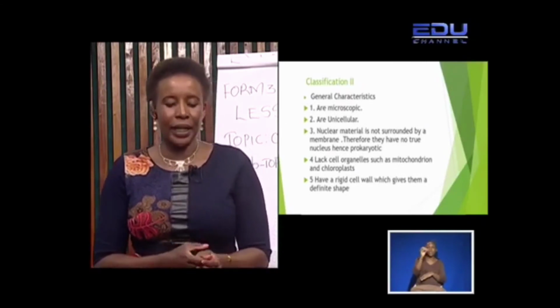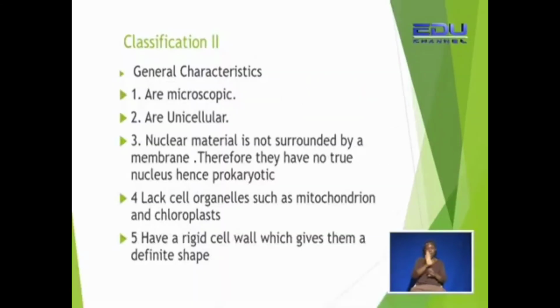So one of the characteristics is that these organisms are microscopic, meaning we cannot see them with our naked eyes. They can only be seen by the use of an instrument known as a microscope.